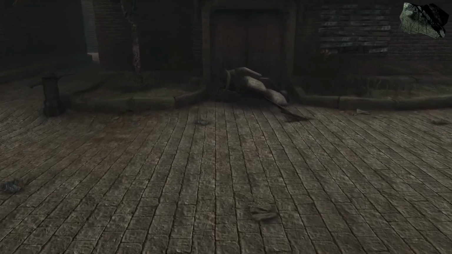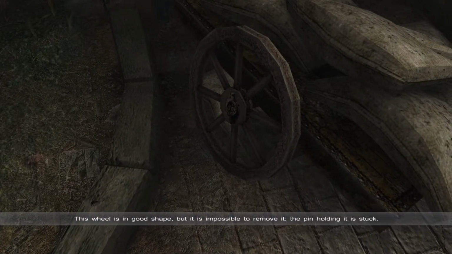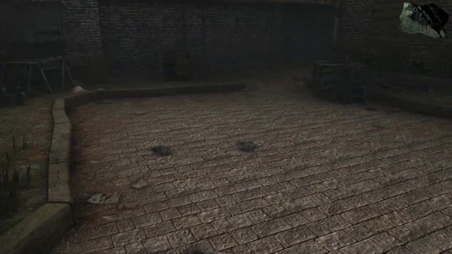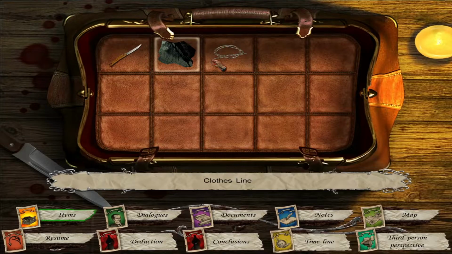Do I use... Because I thought we would use this tar thing to... The pin holding it is stuck. Okay. What do I have? I have tarred tarpaulin, clothesline, and pocket knife.